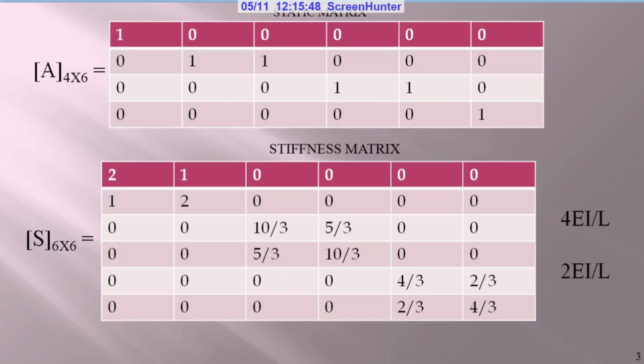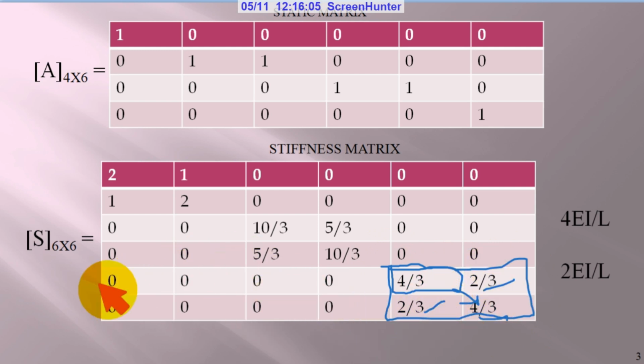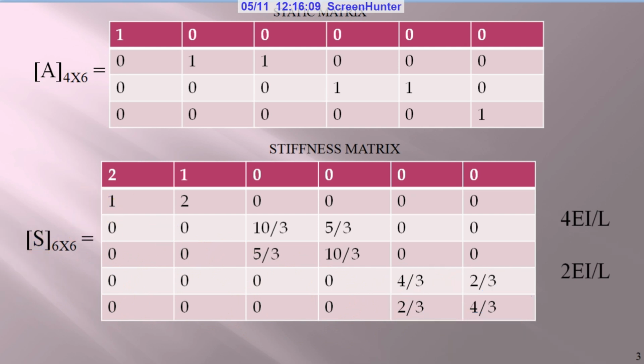So here I have mentioned 4 by 3. So this is for the third span. So the same value right here 4 by 3, 50% of that is 2 by 3, 2 by 3, rest all elements 0. So in this way you have developed the stiffness matrix, which is NF by NF.